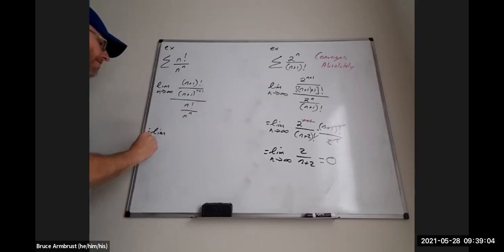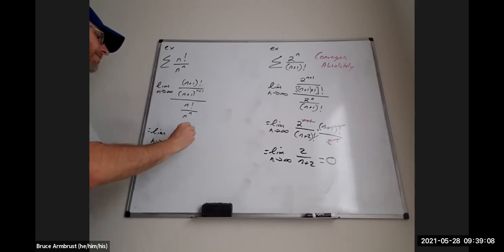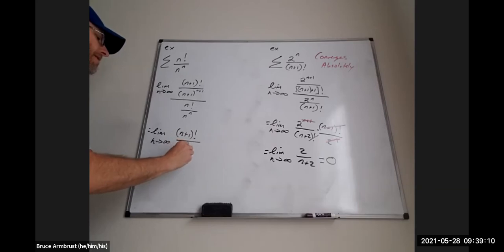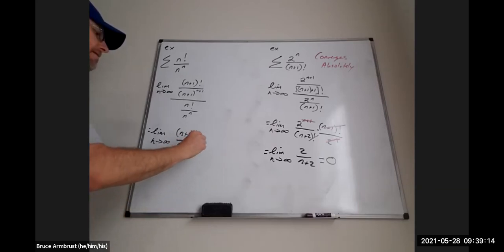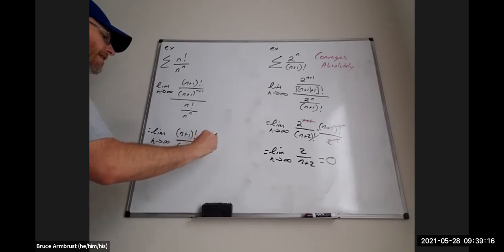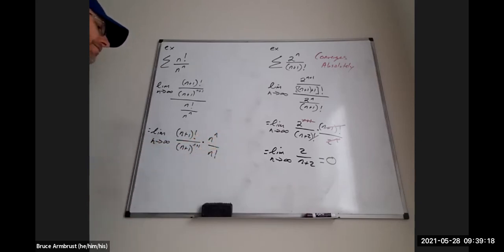So we're going to invert that, multiply, so we get (n plus 1) factorial over (n plus 1) to the n plus 1 times n to the n over n factorial.